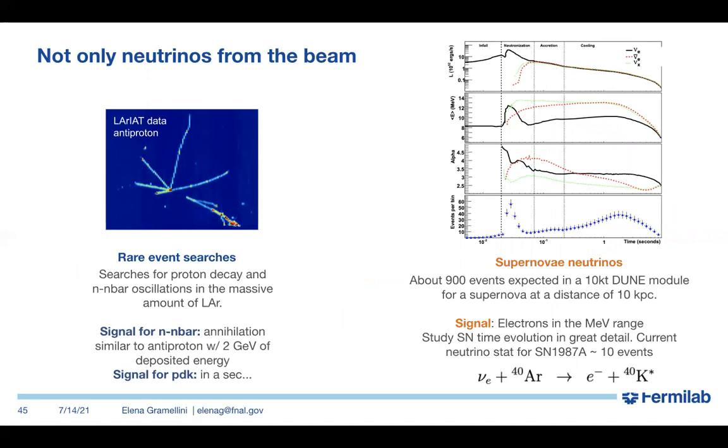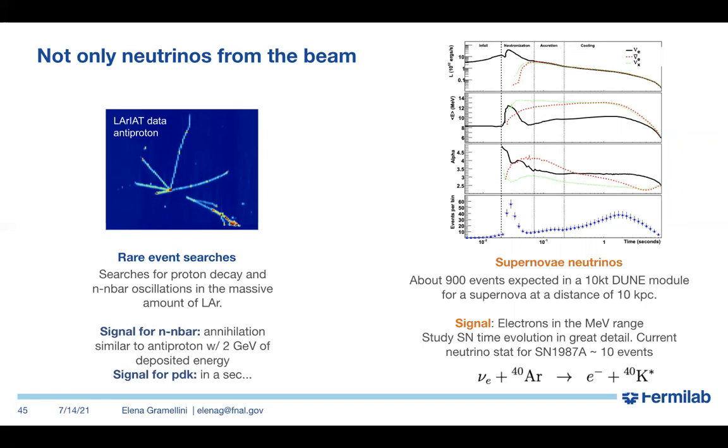So we're going to talk a little bit about rare events. In particular, when we're talking about rare events, we're talking about searches for proton decay or bound neutron decay and NN-bar oscillation.